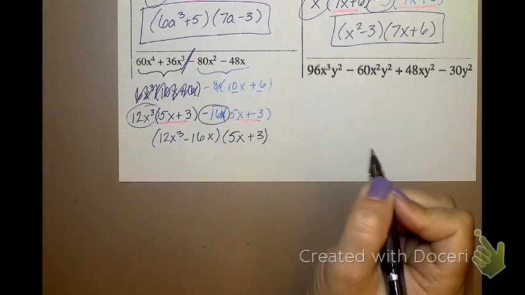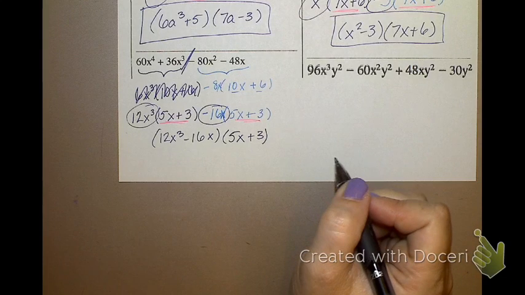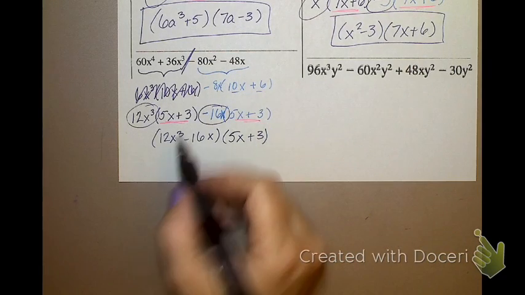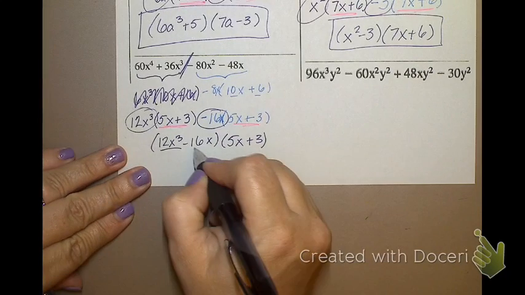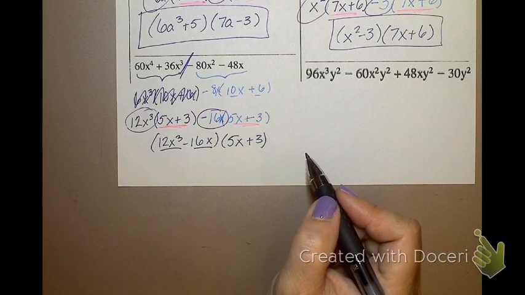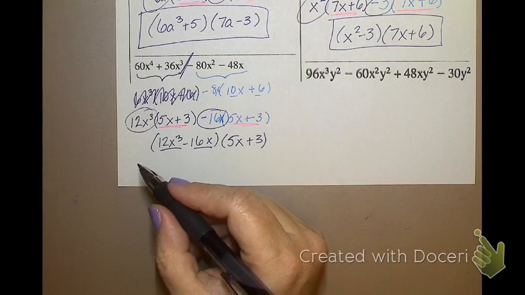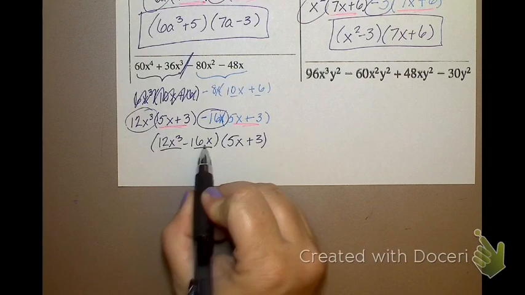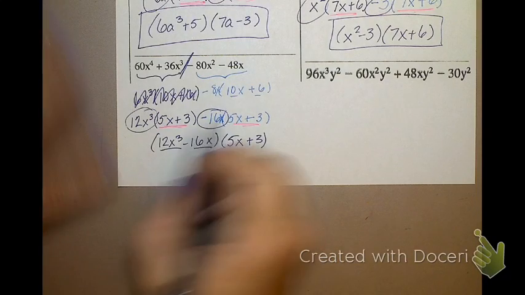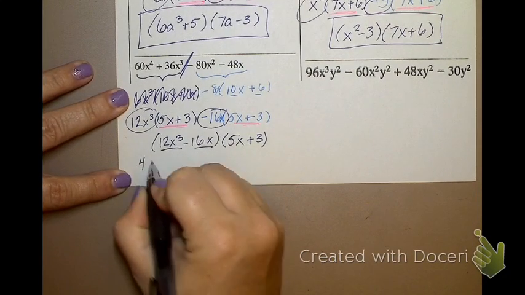Now I said I'd show you what to do if you forgot to take something out in the first step. If you forgot to take something out in the first step, then one or both of your parentheses still have something in common. So take it out now at the very end. What do these two terms have in common? 4 and x.